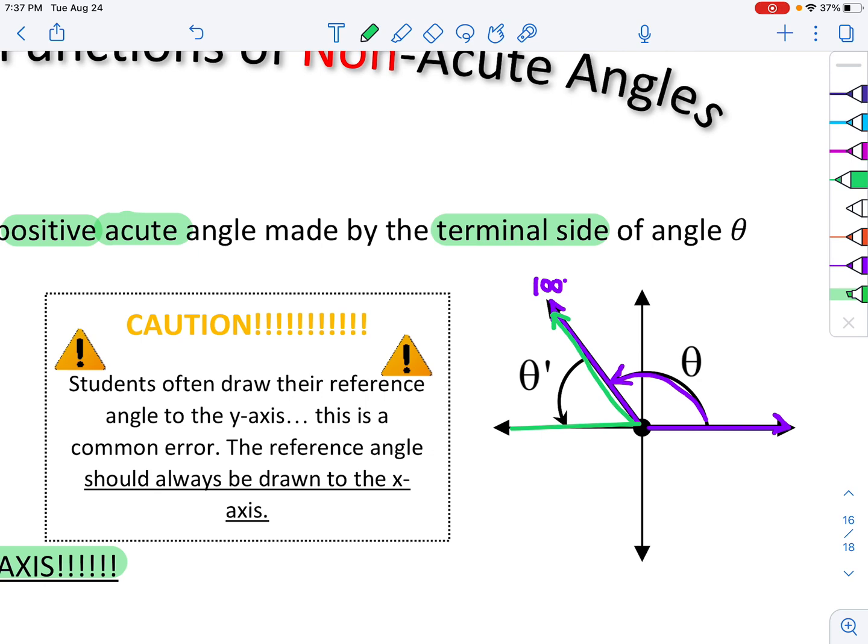So the reference angle should always be in the same quadrant as where the angle ends, with the nearest x-axis. So this is our reference angle. Theta is the angle that they give us, but what's going to become really helpful to us is this reference angle in here that tells us how far away we are from the nearest x-axis.